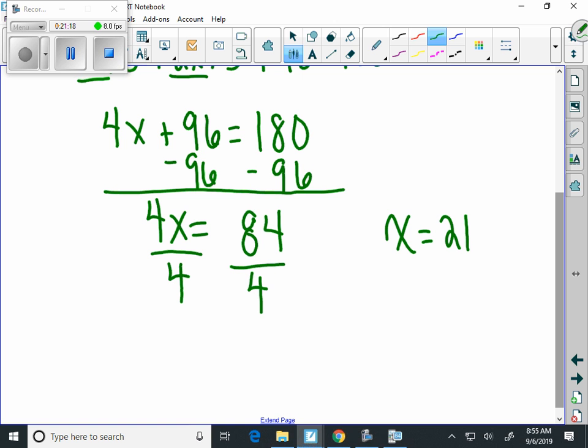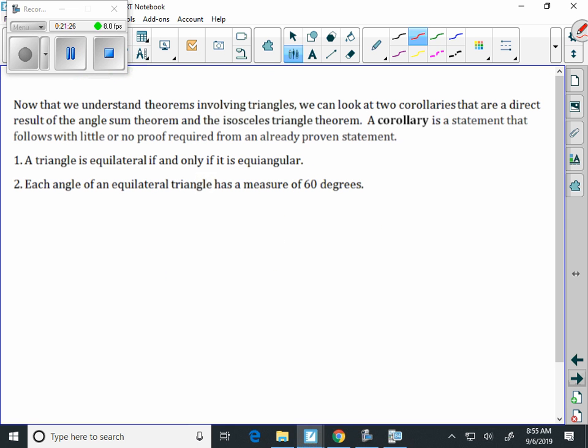So lastly, I've kind of been leading up to it as we've been working through these examples. But now that we understand these theorems involving triangles, we can look at two corollaries that are a direct result of the angle sum theorem and the isosceles triangle theorem. A corollary is a statement that follows with little or no proof required from that already proven statement.